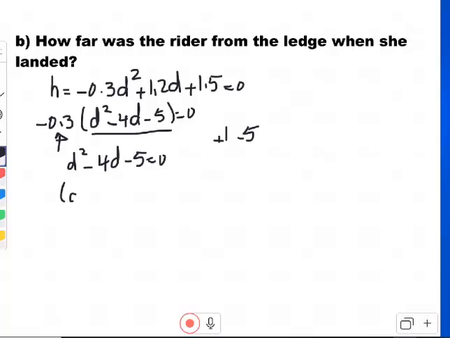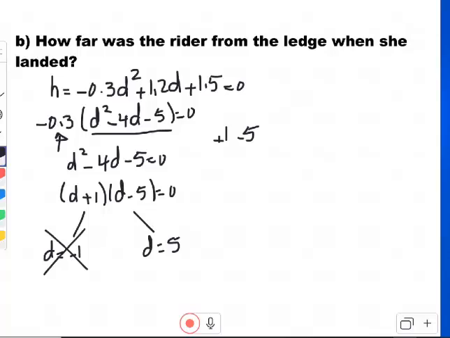So I can factor this one as D plus 1 times D minus 5 is equal to 0. This gives me D is equal to negative 1. This gives me D is equal to 5. Since the distance from the ledge is D and it can't be negative, this is not acceptable. So the answer is D equal to 5.